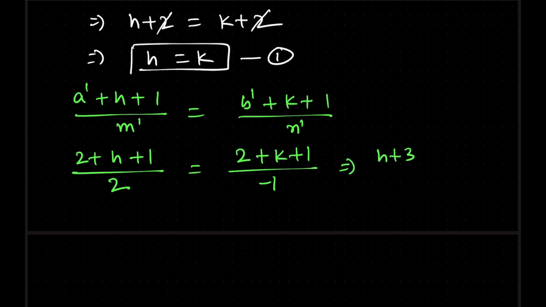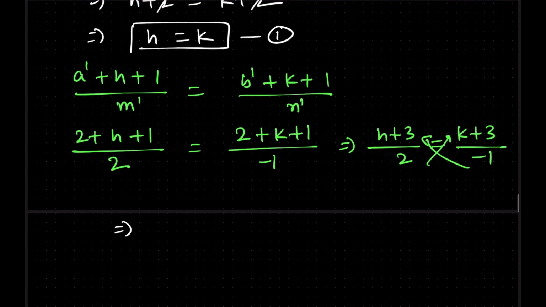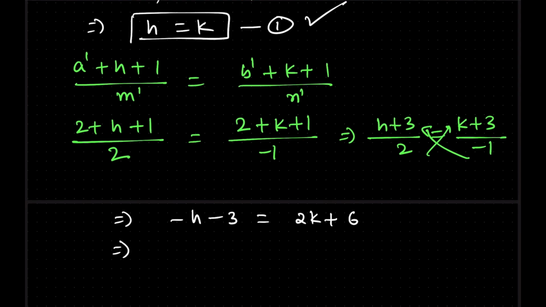Solving this, you can write (h plus 3) by 2 is equal to (k plus 3) by minus 1. Let's cross multiply this. When you cross multiply it, you will get minus h minus 3 and 2k plus 6. We have seen that h is equal to k, so just substitute it in the second equation. In place of h, you can write k.